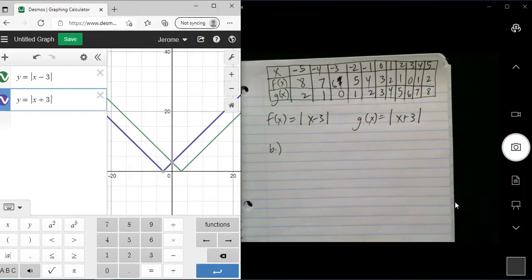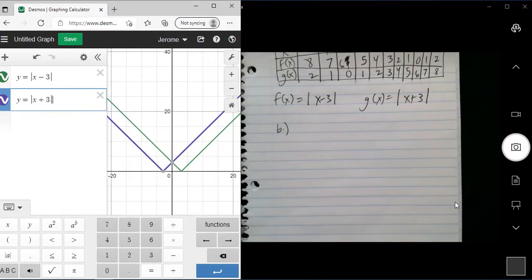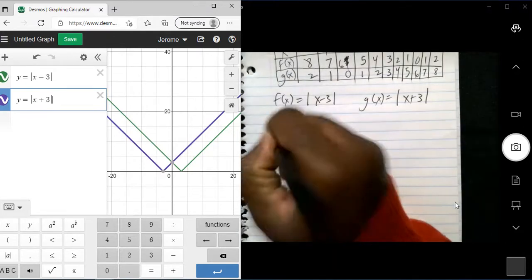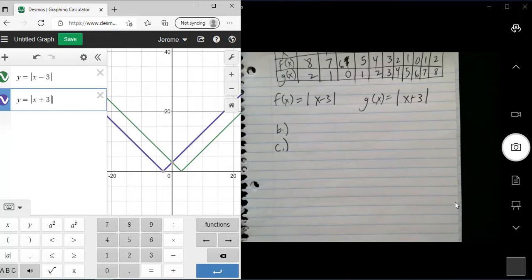Okay, now for C, it says describe how the graphs of f and g can be obtained from the graph of y equals absolute value of x.